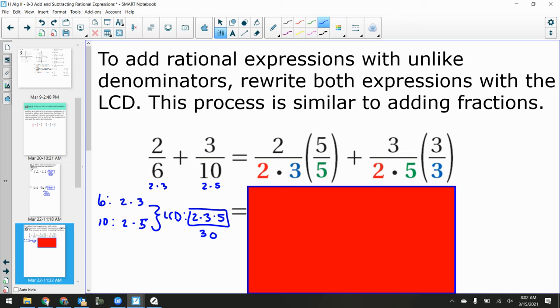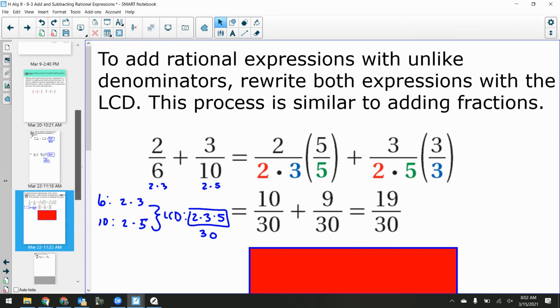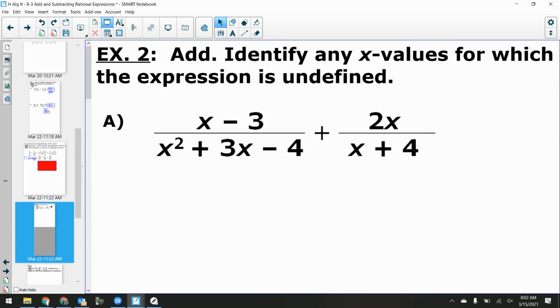That's the process I'd like you to think about: take your LCD and multiply both numerator and denominator by all the missing factors. In this one, it turns out to be 10/30 plus 9/30, or 19/30. Then you'd have to remove any common factors in the end, but 19 is prime, so you don't remove any factors. All right, let's practice that here.